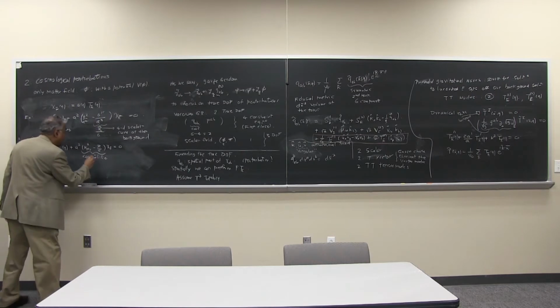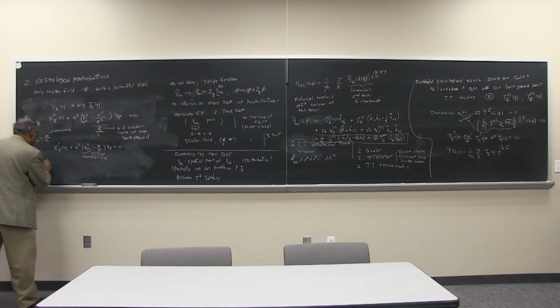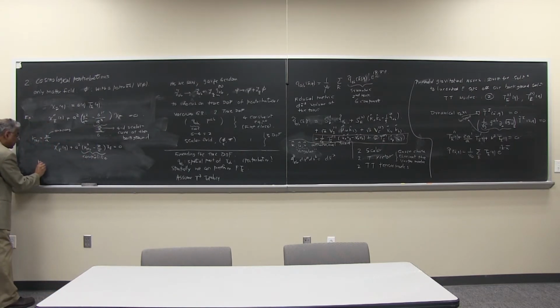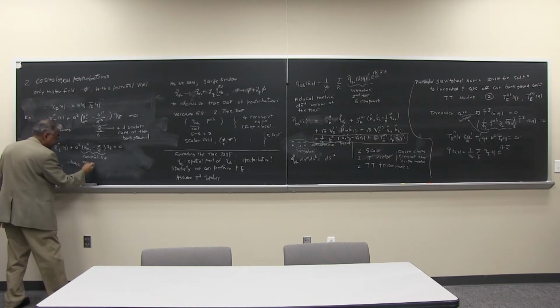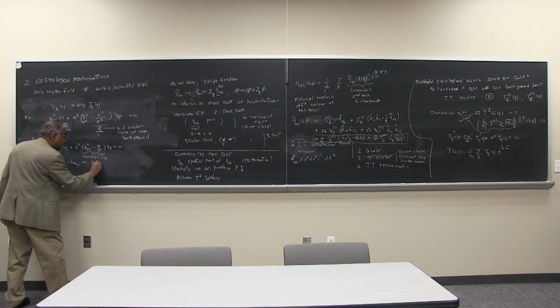If in fact we are in a regime in which k physical is much larger than the scalar curvature, that means that the wavelength lambda physical is much less than the radius of curvature.